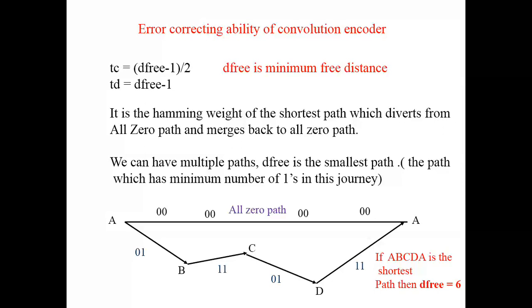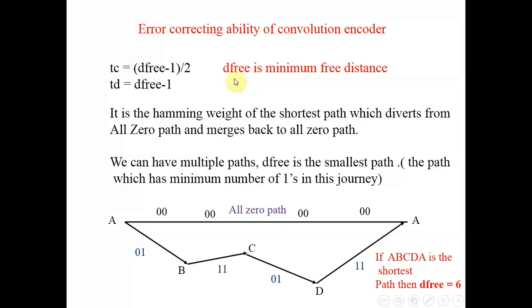Now in case of a convolutional encoder, we have a terminology which is called D free. It is not D min, it is D free, that is the minimum free distance, right? But the equation is similar. TC is D free minus 1 by 2 and TD is D free minus 1.